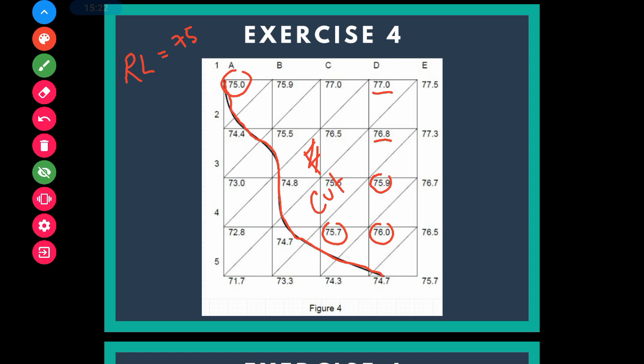So meaning that this region you need to cut in order to get a lower level, which is 75, and this section will be filled because the original level here is less than your desired level, meaning that you need to fill this section to get a higher level as you desire.